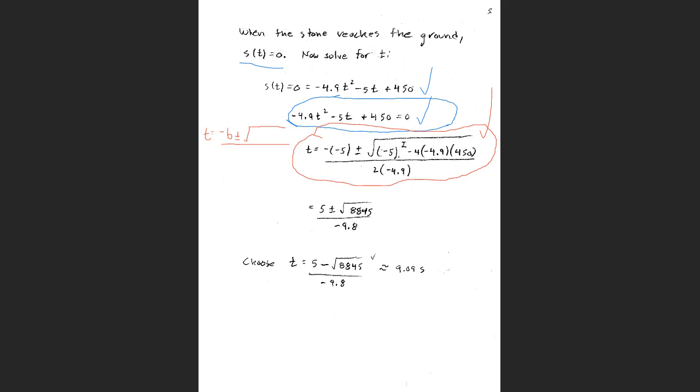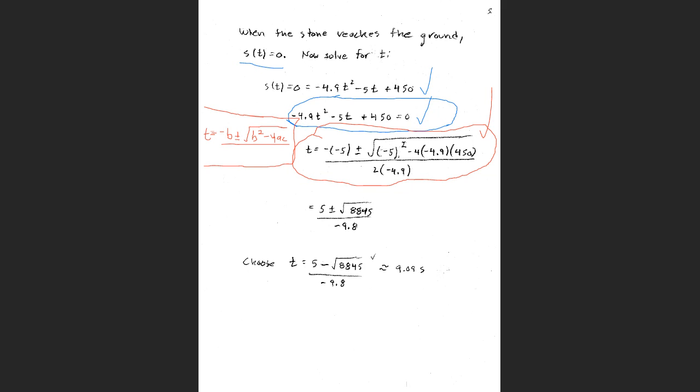Right, good. B squared minus 4ac, all divided by 2a.